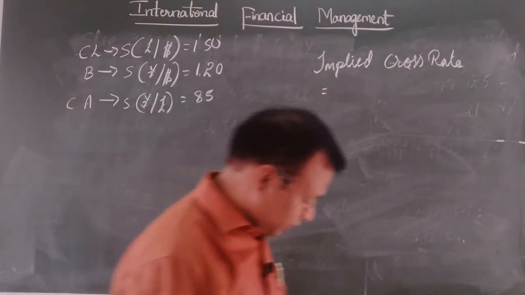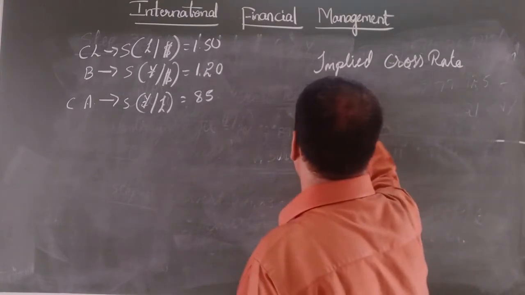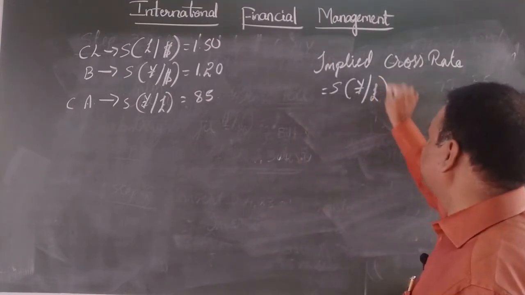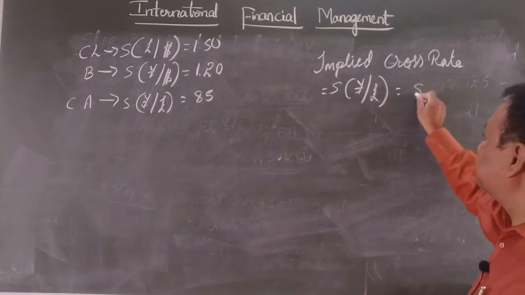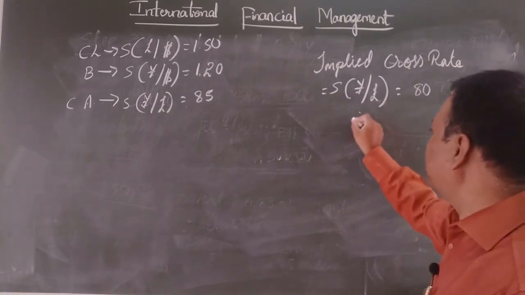First we have to find out the implied cross rate of the spot rate of yen by pound. The implied cross rate between yen and pound is 80. So how do we calculate this?